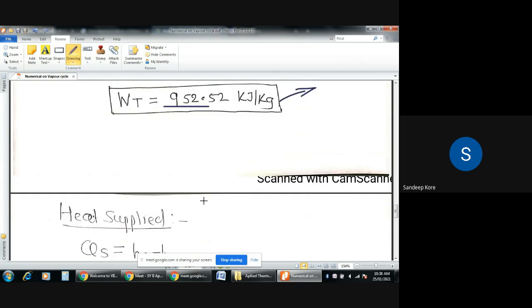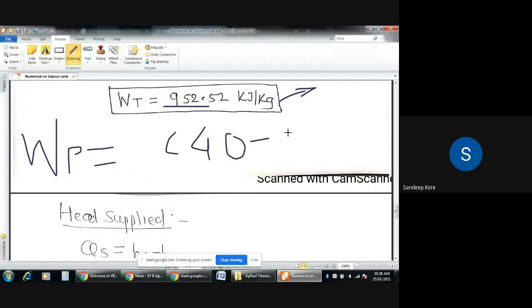Now I am going to explain the formula of pump work. The pump has to increase the pressure from 0.5 bar to 40 bar. So bar we have to convert into Pascal, so multiply by 10 to the power 5, and this is multiplied by the change in volume of water, which is 0.01.